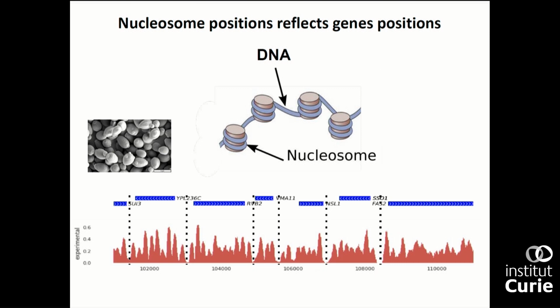And what you see is that nucleosomes are regularly positioned over the gene bodies, and then there is a drop of nucleosomes at the regulatory sites. Drop, drop, and so on and so forth, which is exactly what I showed you on the scheme before. But that's real data.